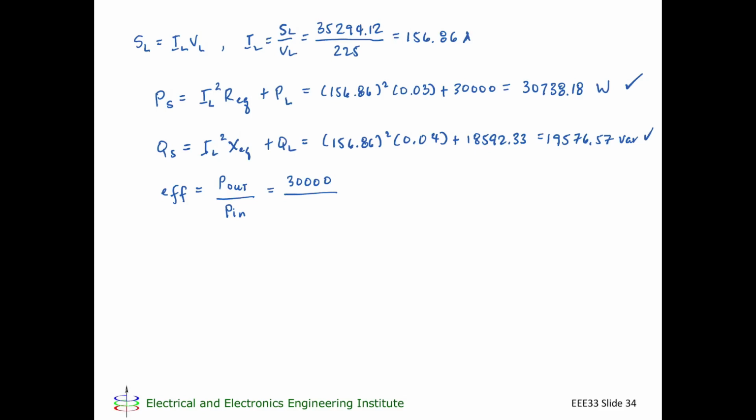My input power is the power that is generated by the source, which is 30738.18 watts. This comes out to 0.976, which is 97.6%. Notice it is a high efficiency, and this is typical of transformers.